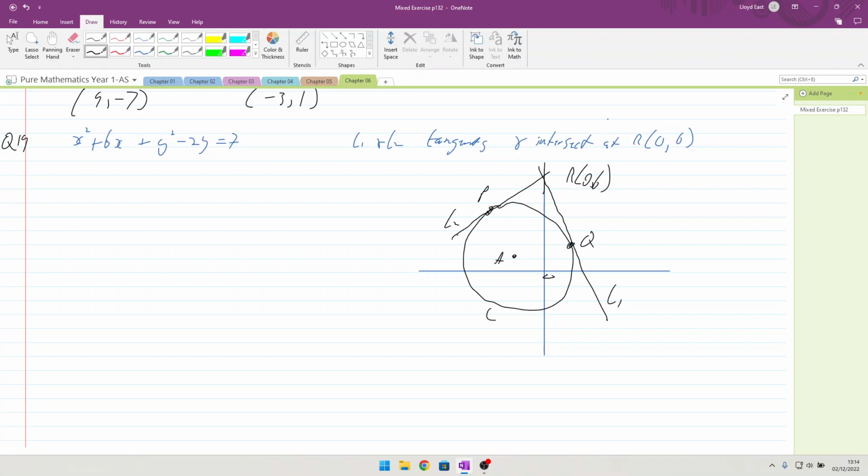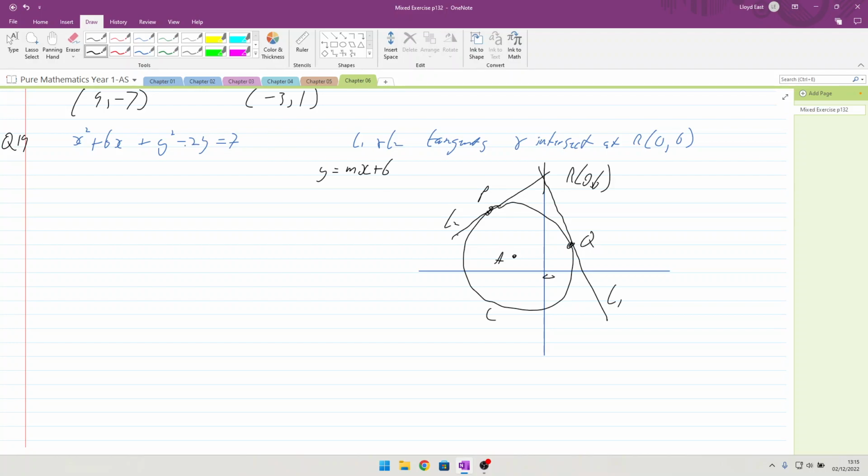So ultimately, we already have a bit of the equation for these, which is y equals mx plus 6, because we're told that they both go through that point, so we've got the 6 there. So what we can do is start solving simultaneously.